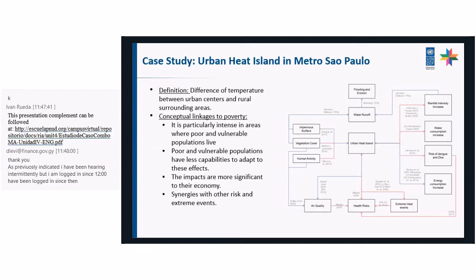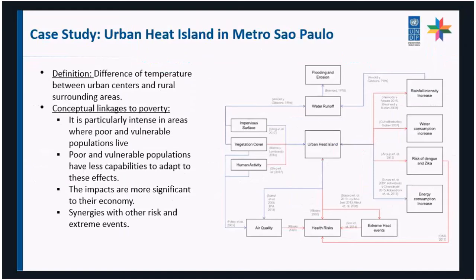So we see that the urban heat island has some impacts regarding water consumption and energy consumption. It increases the risks of dengue and Zika in tropical countries because of the incidence of mosquitoes. It can affect also air quality, which both of them affect health.